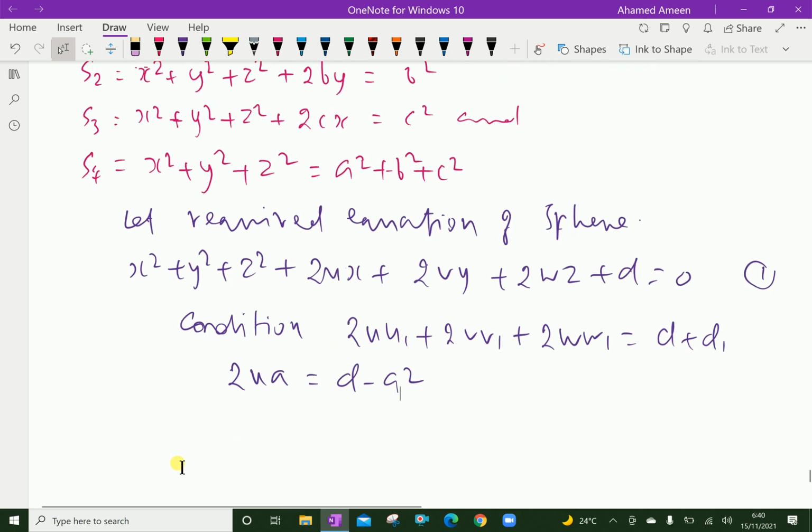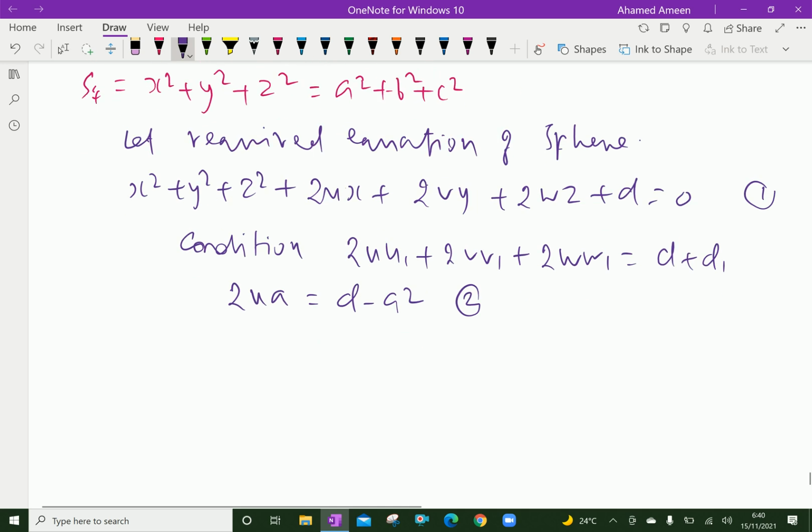Similarly, we can find for the second sphere 2vb equal to d minus b square, and for the third, 2wc equal to d minus c square.